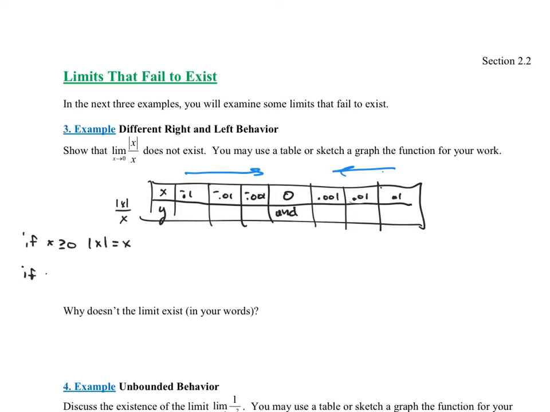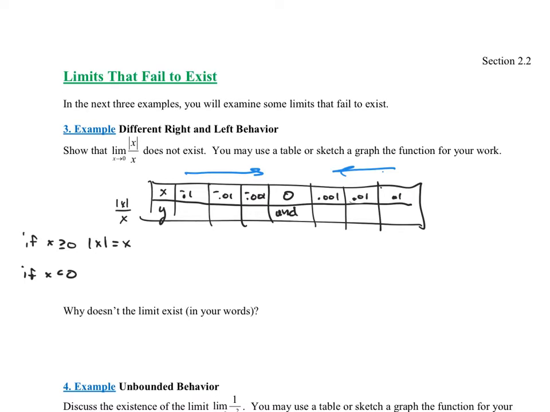Now let's think about what if the number is less than 0? What if it's a negative number? So what's the absolute value of negative 4, for instance? Well, the absolute value of negative 4 is positive 4. So what does the absolute value function do? It changes the sign from negative to positive. You input a negative, it outputs the positive.